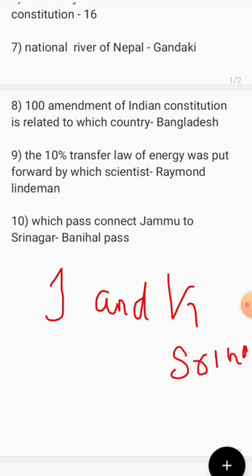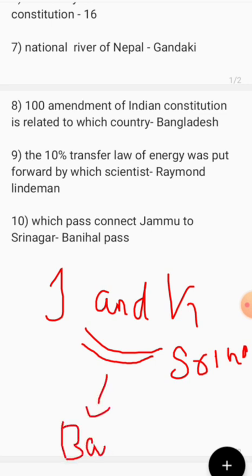Formerly Srinagar was the capital of J&K during winter time, and Jammu was the capital during summer time. So the pass which connects this J and K is an important pass because it connects the two important parts of the head part of India, and this pass is known as Banihal Pass.